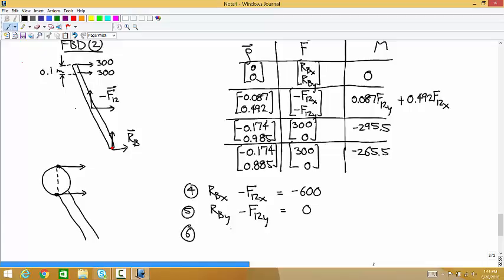And equation 6 says 0.492 F12X plus 0.087 F12Y is equal to, what's that?